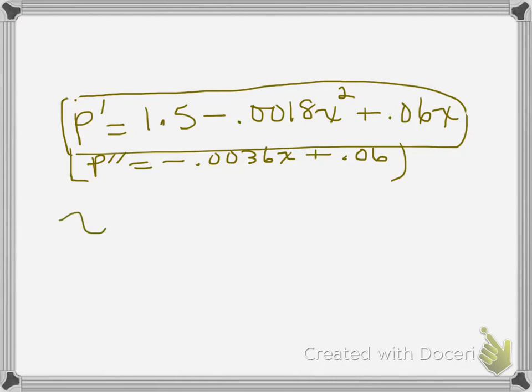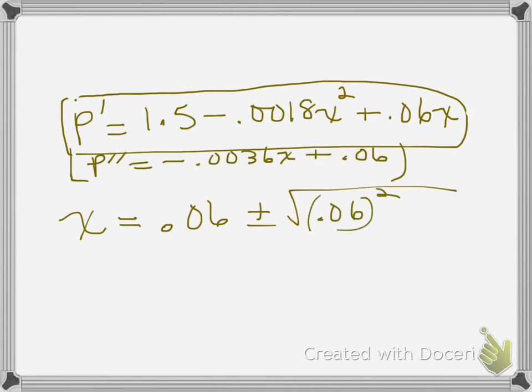So with that in mind, I'm going to say that x equals negative b, so 0.06 plus and minus the square root of 0.06 quantity squared minus 4ac. When I do that, I'm going to end up getting, and you can just verify this, 0.1 over 0.0036.